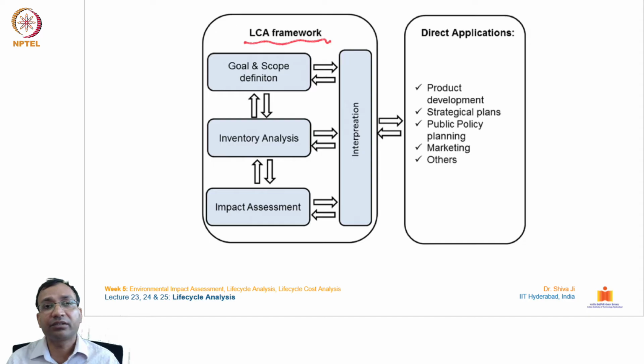So let's see this illustration over here. This talks about the interrelationship between different activities, and it talks about the interrelationship from outside its limit also. If you see the first one, for any such product, there must be a goal, there must be some scope and usability of it. Based on that it will go for the inventory analysis.